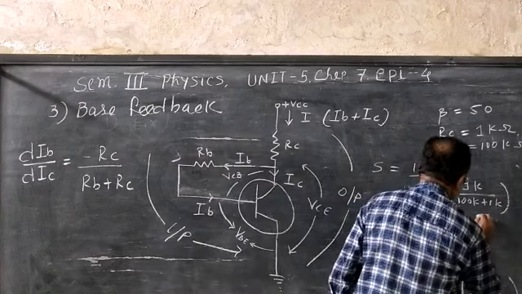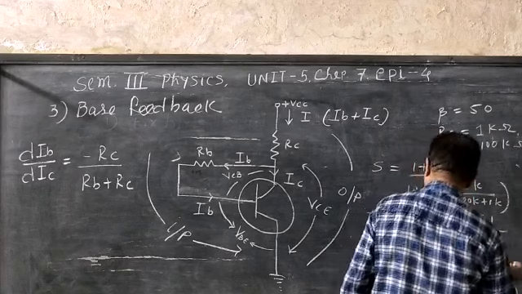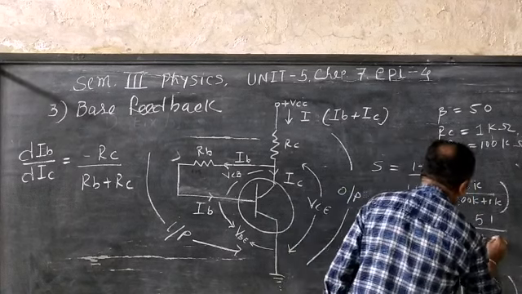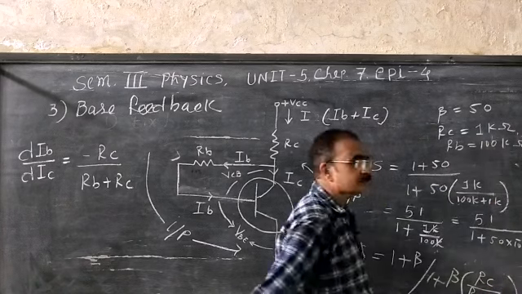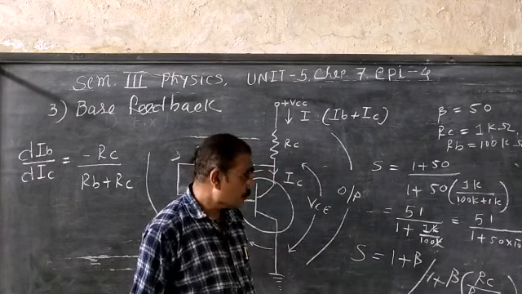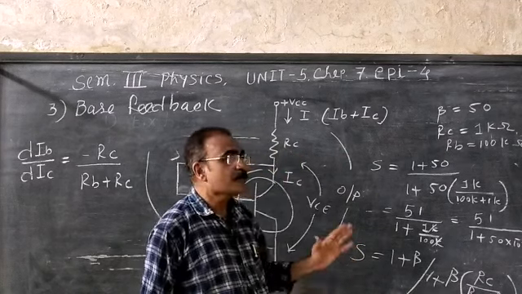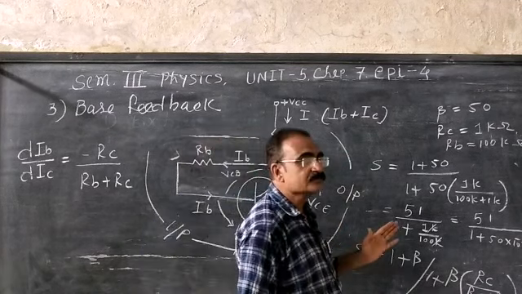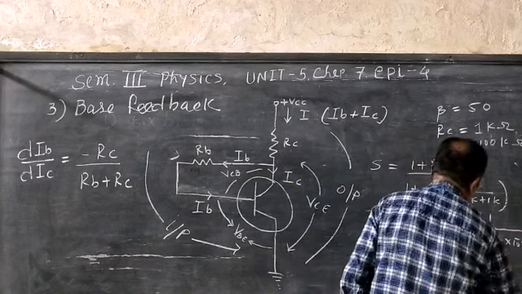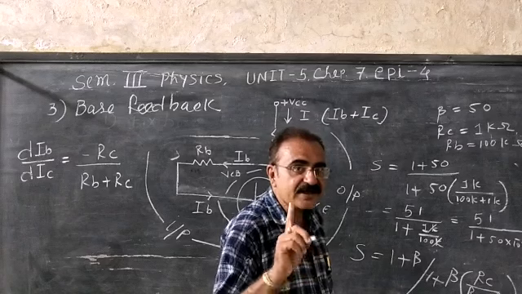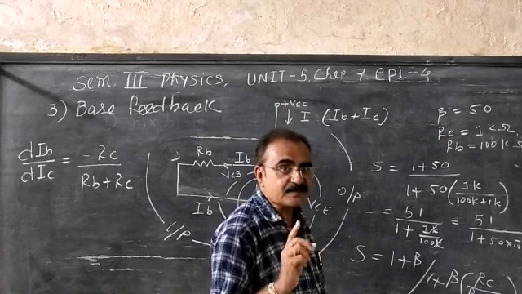So this will be 51 upon 1 plus 50 into 10 raised to minus 2, that means 0.5.